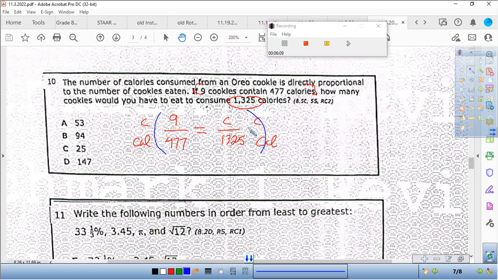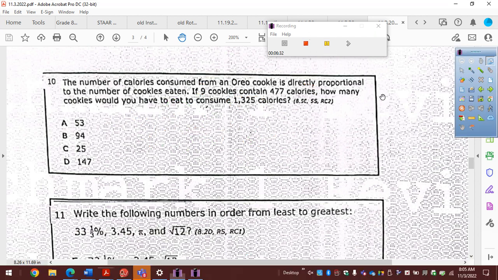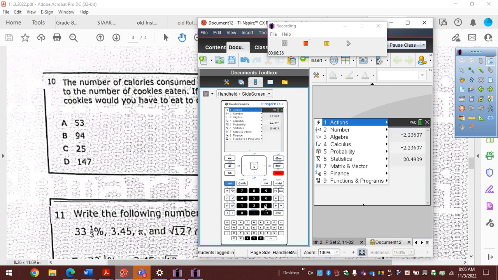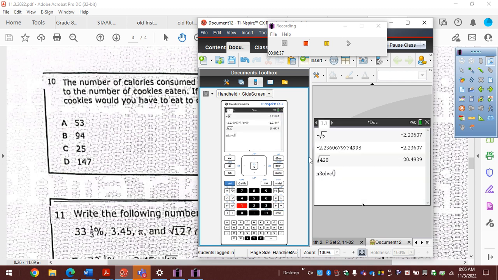At this moment, you can go to ENSOL, comma C, ENSOL. Some of y'all back in 7th grade maybe still remember to do this, but you multiply these two and divide by that one. Either way, let me see what the answer is. I'll do ENSOL just to keep it simple. So ENSOL, we'll go menu 3-1.